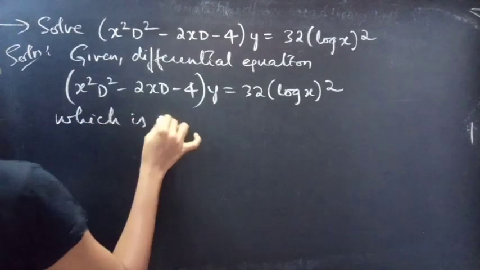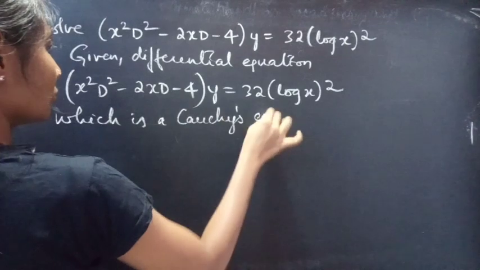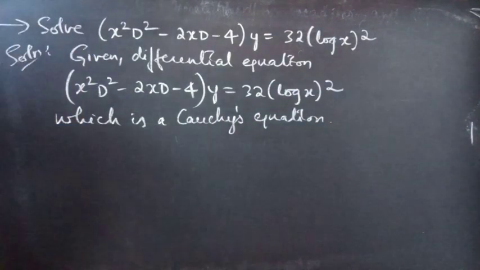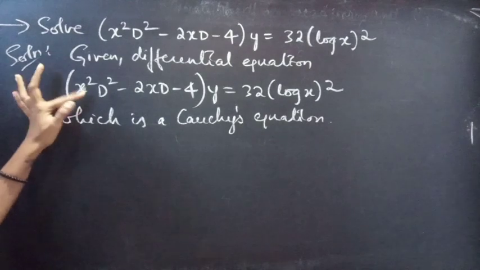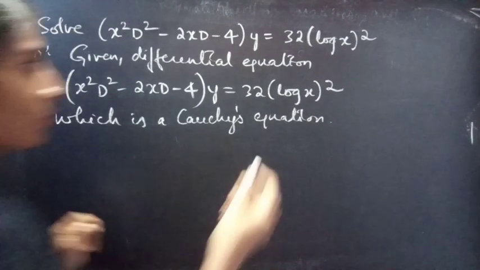Which is a Cauchy's equation. Now, let's change the given equation with variable coefficients to an equation with constant coefficients by making a substitution.